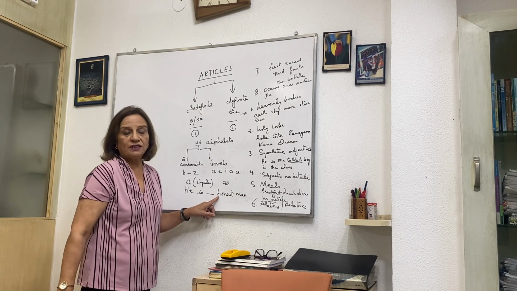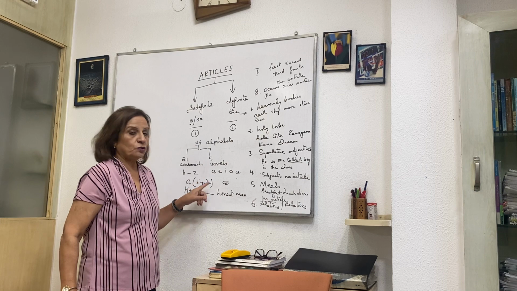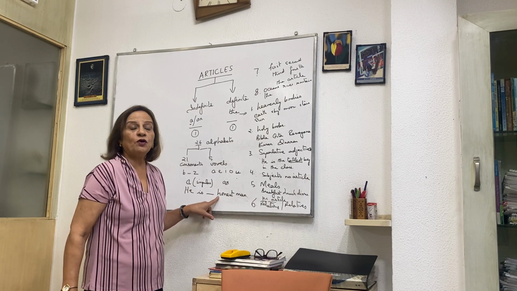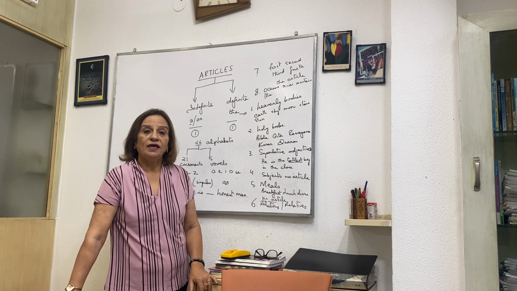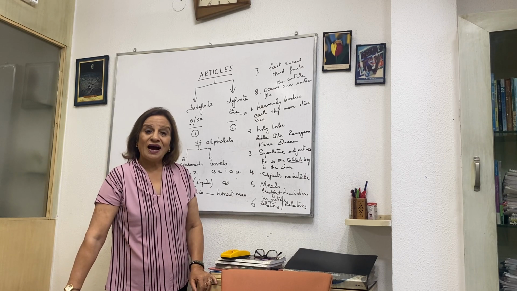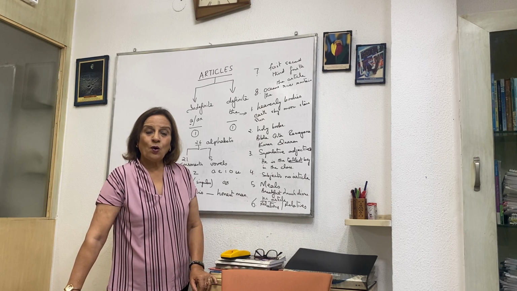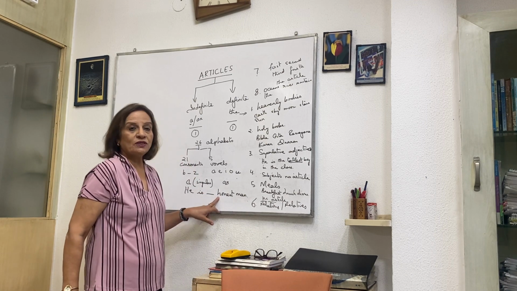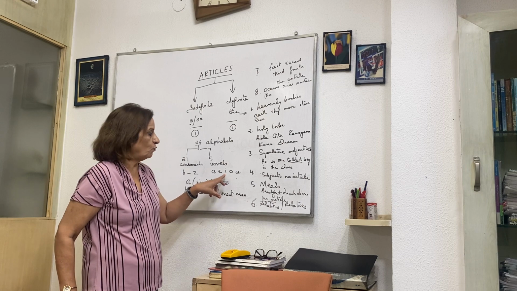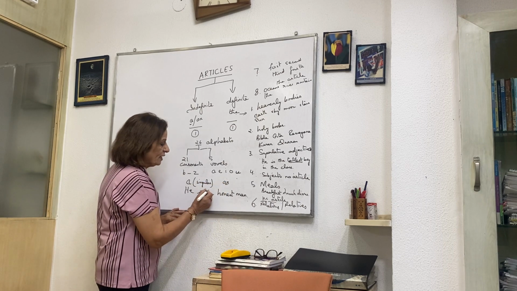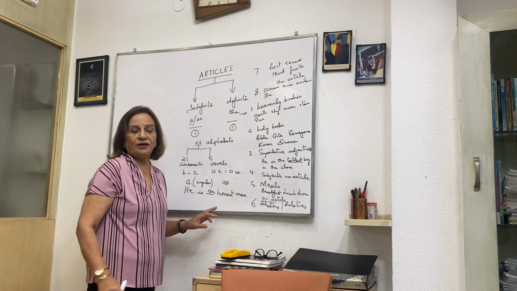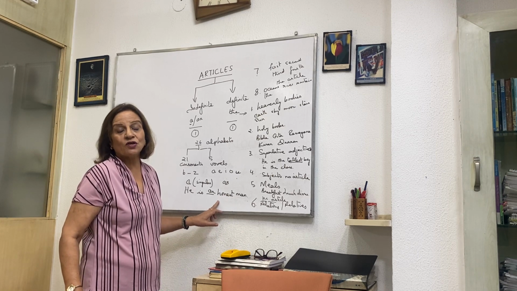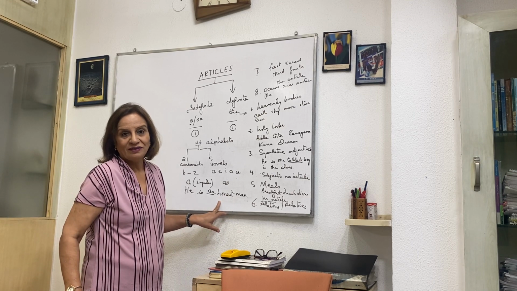Now H is a consonant. So you will say it should be he is a honest man. But the sound of H, see H words, hello, hi, how, hair, and here the sound is O, sound of a vowel. So we will say he is an honest man. Though it's a consonant, but the sound is of a vowel.